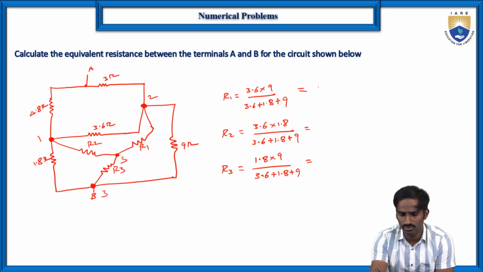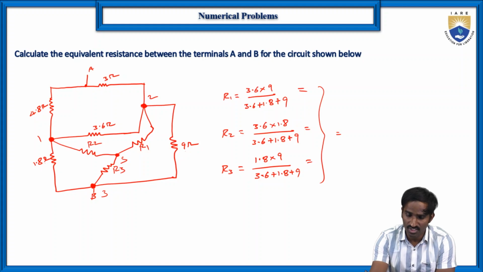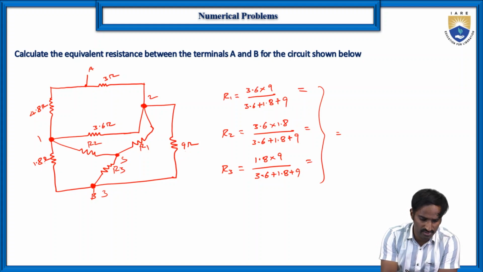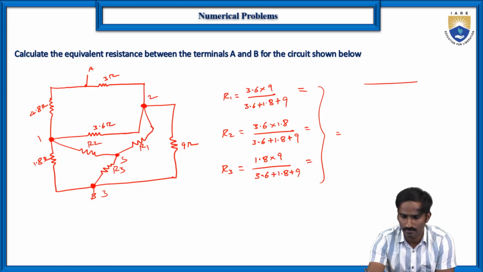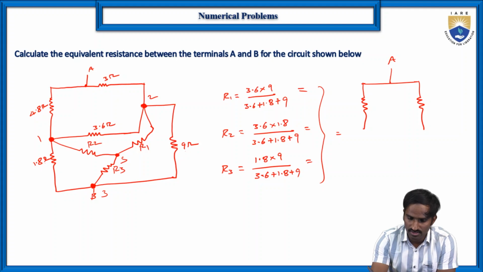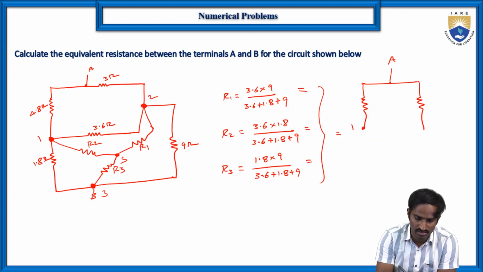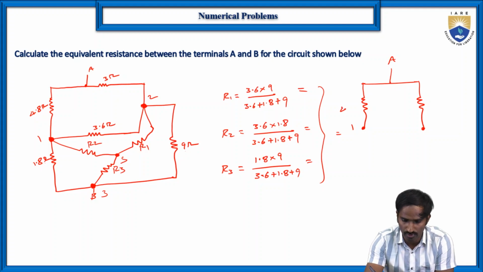So now the circuit will become, here of course in between these two, 4.8 and 3 ohms is there. Here of course 4.8 as it is, and let us draw here the 3 ohms resistor also. In between the point A is there. So here this is node 1 as it is, and here node 2. This is 4.8 ohms, and this is 3 ohms.